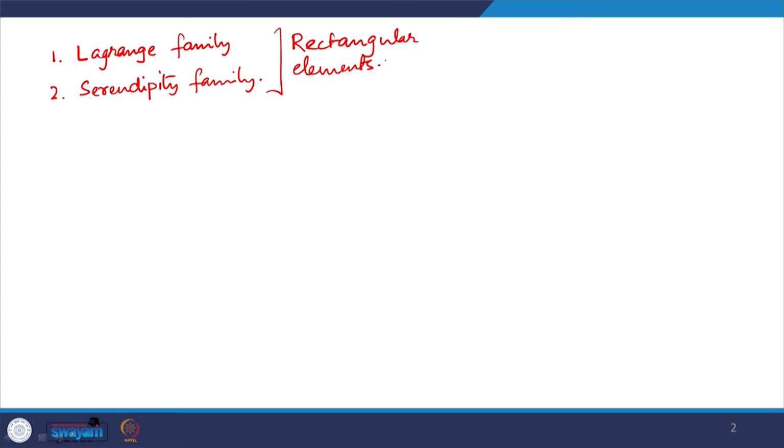The difference is in the construction of interpolation functions. In the Lagrange family, we consider the placement of nodes at the intersection of the grid lines, so that the interpolation functions are very easily derived by using the product of Lagrangian interpolation functions in respective directions.